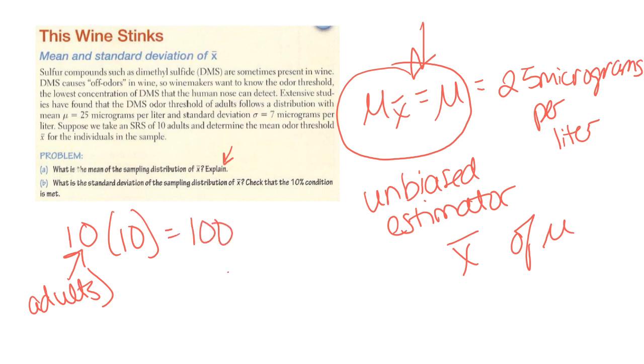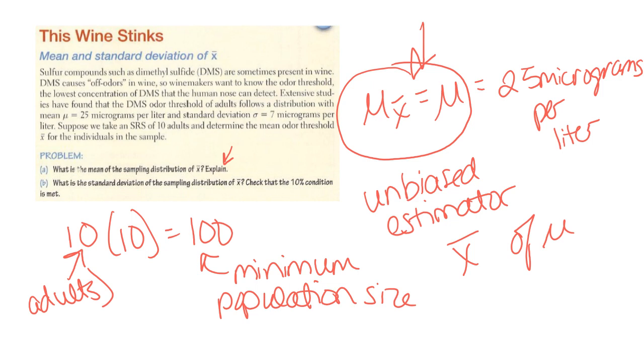Basically this gives me the minimum population size needed to use my standard deviation formula. When I multiply by 10 here, that gives me the minimum population size that my sample size would be less than 10% of. So I definitely have a population larger than 100 adults.